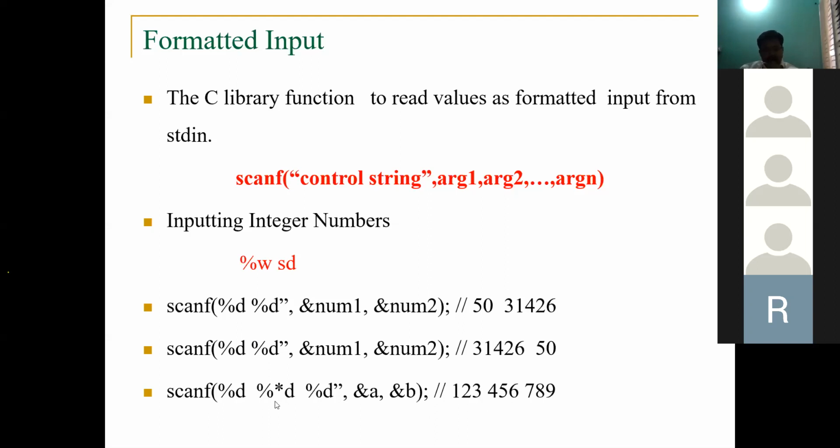Now as part of the second input, I have percentage star and D. A star indicates that I have to skip the input, which means that 456 will be skipped and it starts reading 789. 789 will be stored in B. So A stores 123, B stores 789.